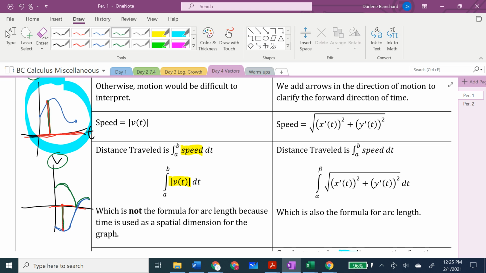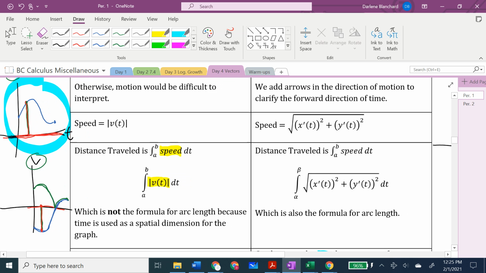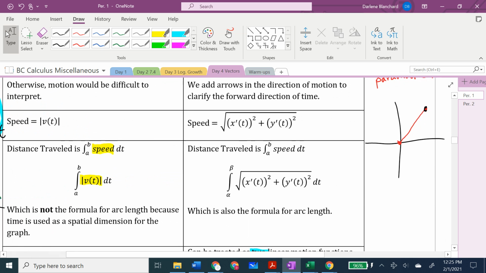Yay! But if you want to know your distance traveled in two dimensions, you are still integrating speed. In fact, anytime you want distance, speed is who you're integrating.